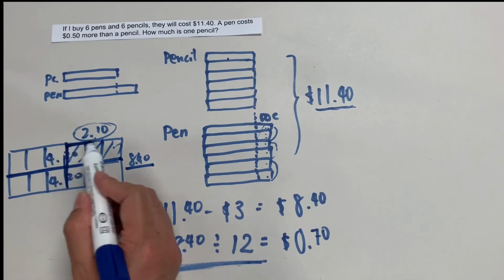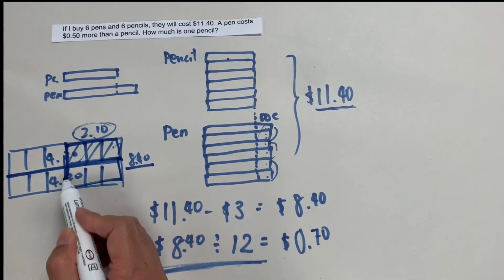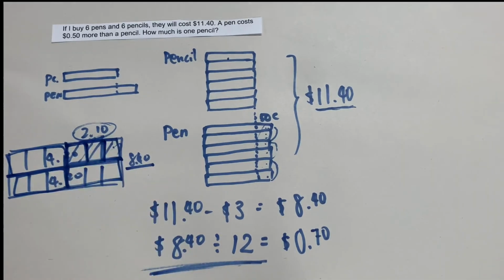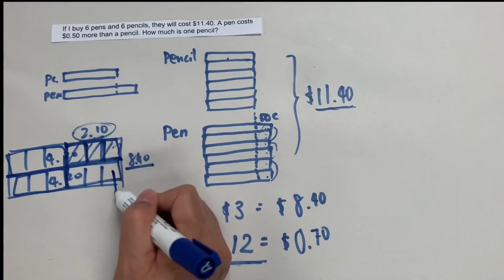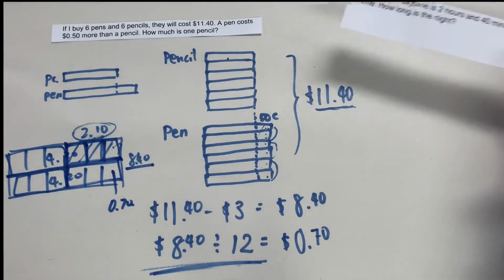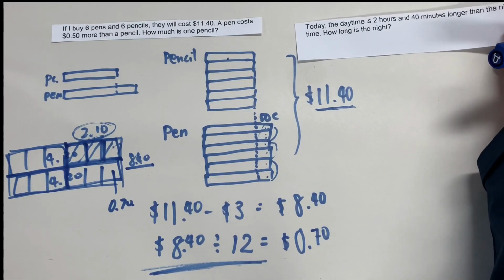Halved it again, so each quarter is $2.10. If I cut into 3 equal pieces, that is going to be 70 cents. That's what I did. But if you can do division, that's not a problem.